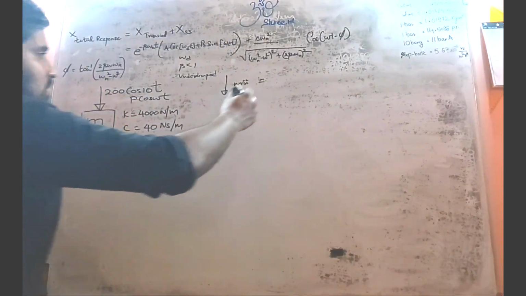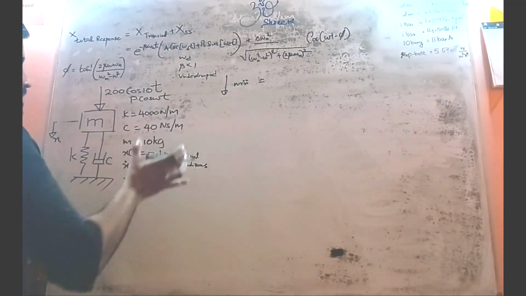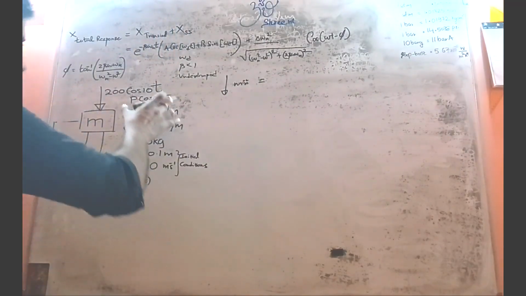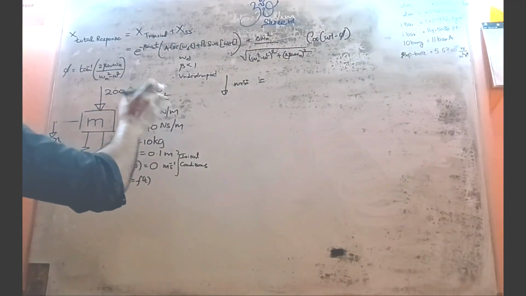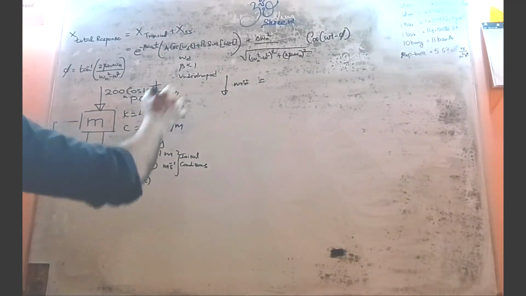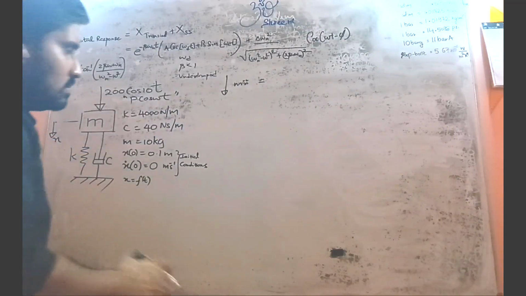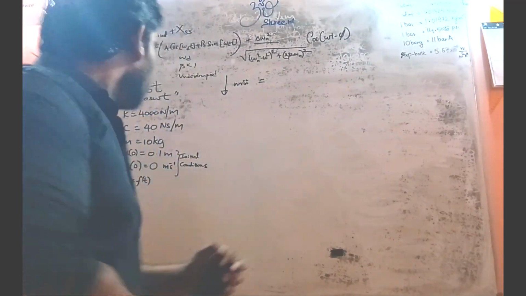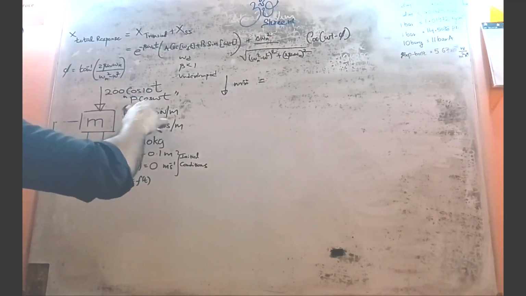So that equals, just for the knowledge, let's consider this 200 cos 10t according to this general format, let's call it p cos omega t, right?